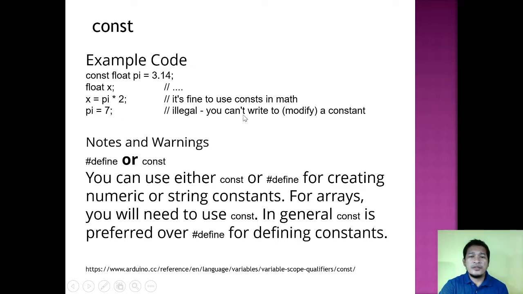You cannot modify it. You cannot directly multiply it by 2 and automatically get 7.